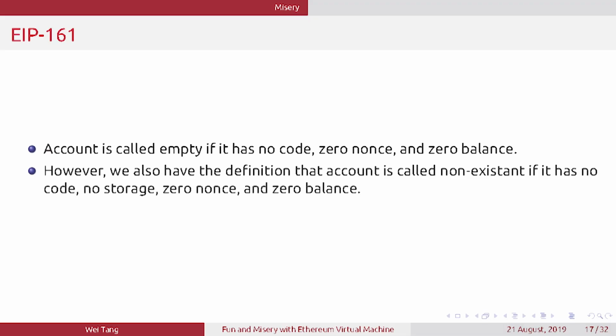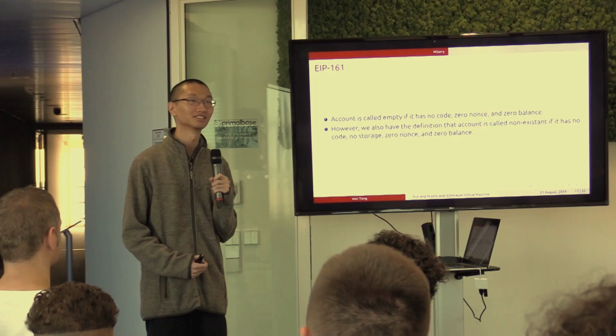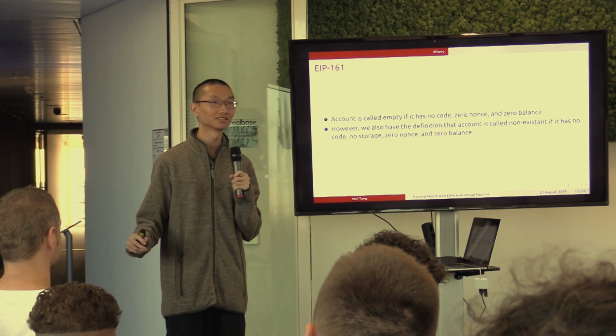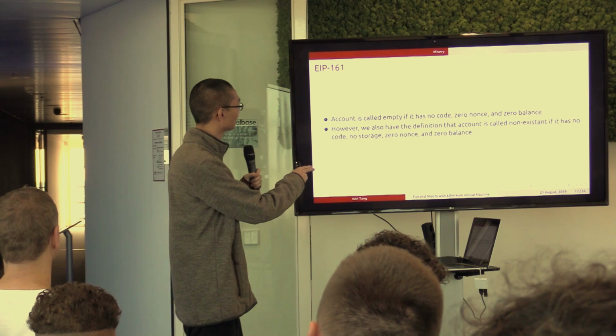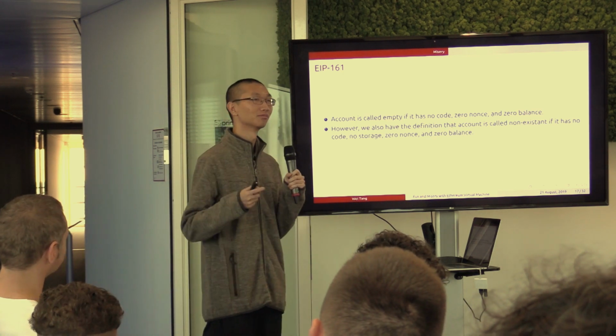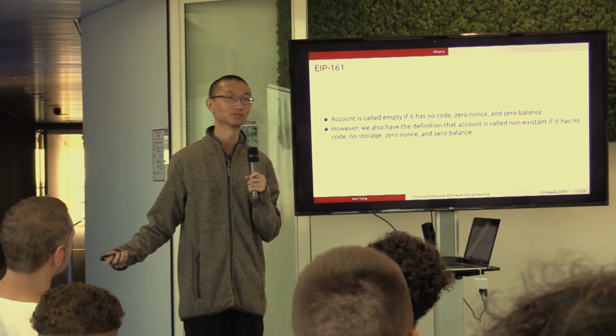However, the issue is that we also have another definition, which is if the account doesn't exist. We also have a definition that the account actually exists. It's kind of empty: it has no code, zero nonce, zero balance, but it also has zero storage.